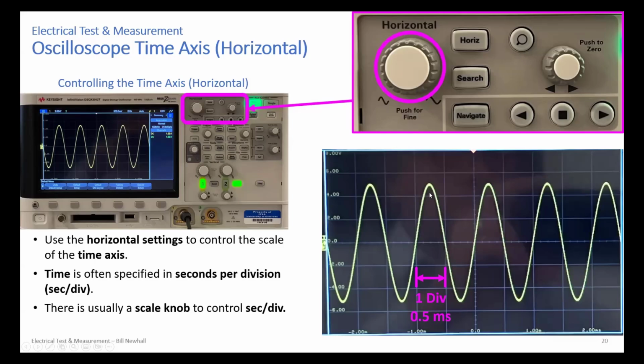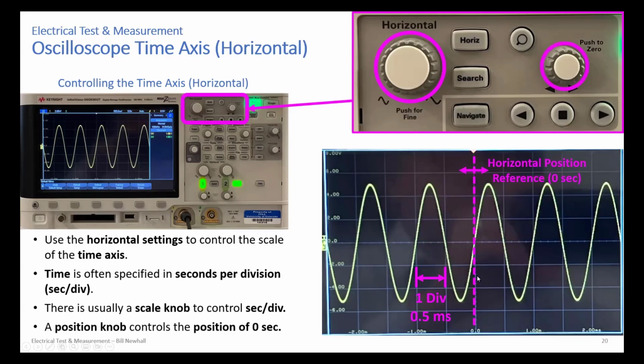Okay. So not only can you adjust the time scale in time per division, but you can also adjust the position. So this position, if I move the position left or right, it'll slide that waveform left or right so I can view different features possibly.